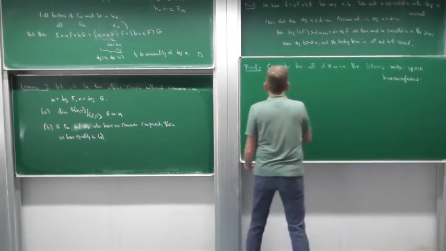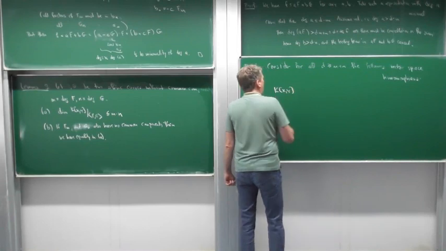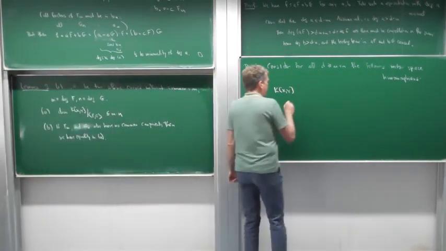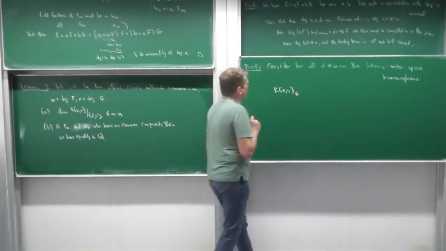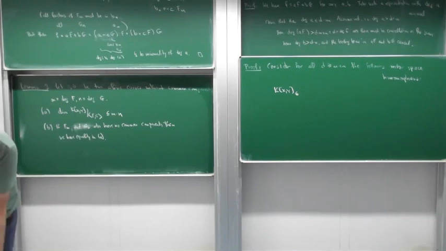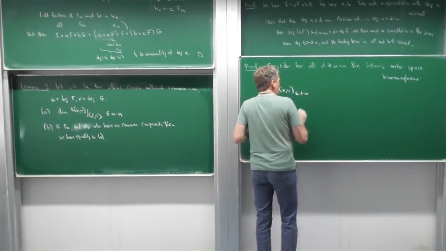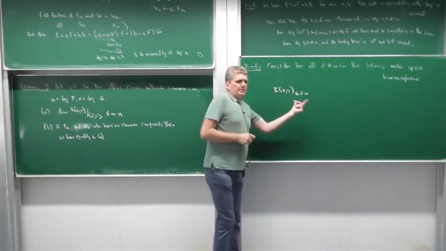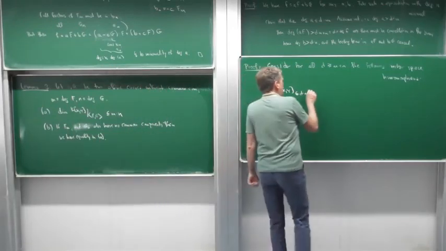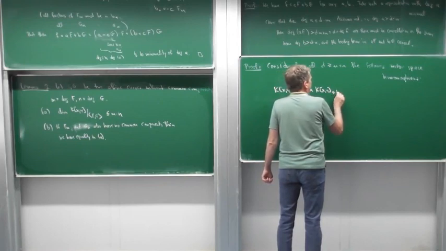Namely, we start with the following. So we start with the polynomial ring k[x,y], but only in certain degrees, and I'll note this as less than or equal to, and then start here with d minus m and d minus n. So this here will denote all polynomials of degree at most d minus n, right? That's the vector space. And now we take the product of that with all polynomials of degree less than or equal to d minus n.